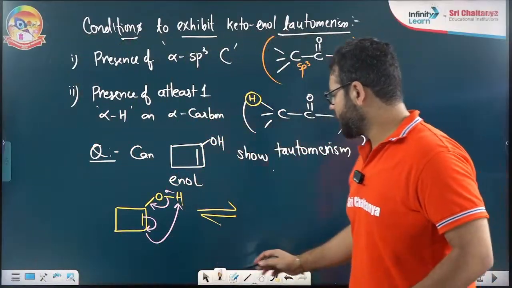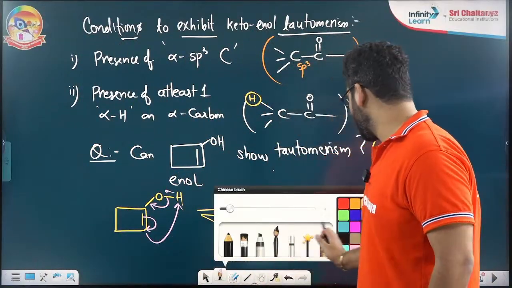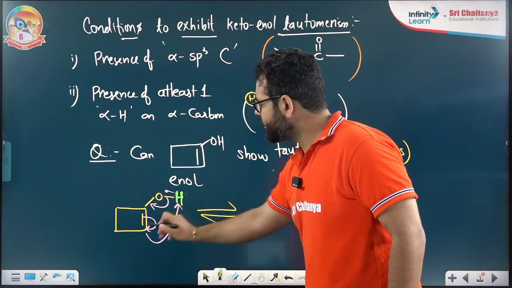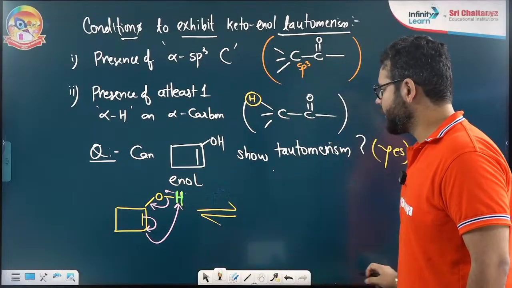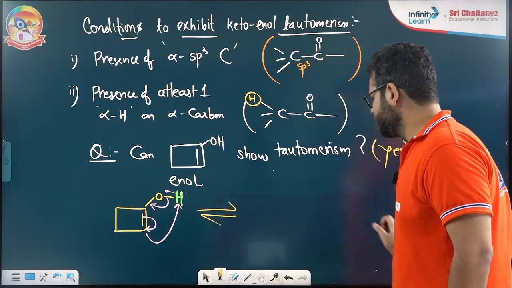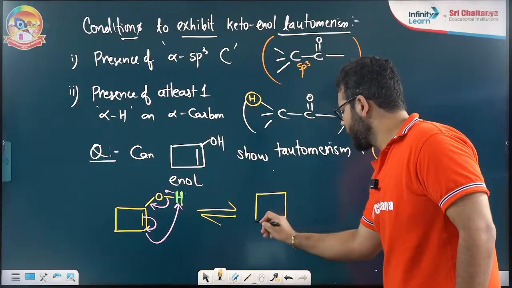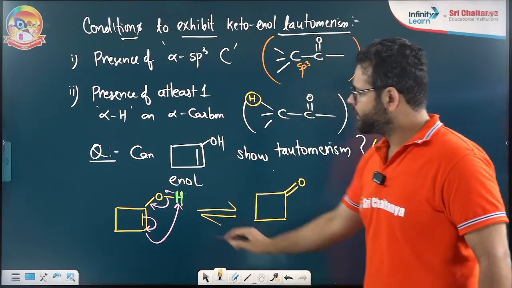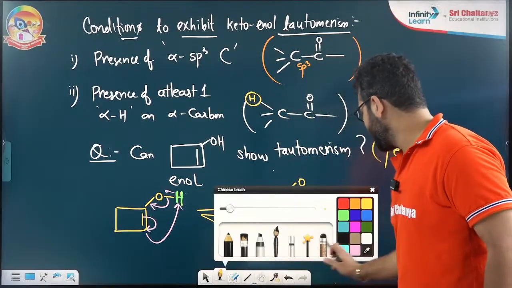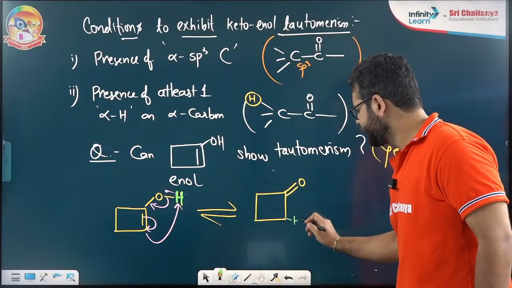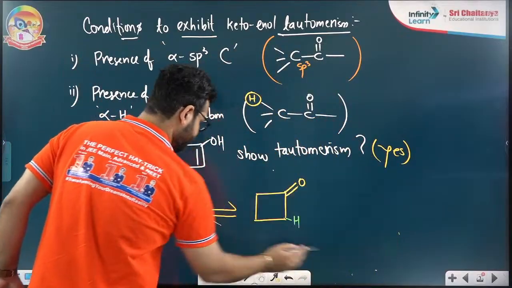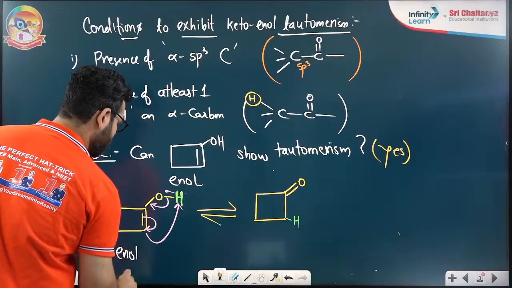This green hydrogen which was here has now shifted to this carbon. Sigma became pi, so this became C double bond O. This pi became minus, so H came here. So we have gone from enol to keto form.